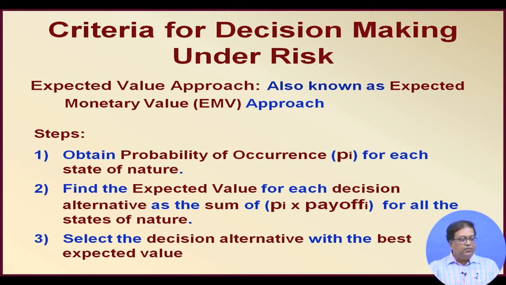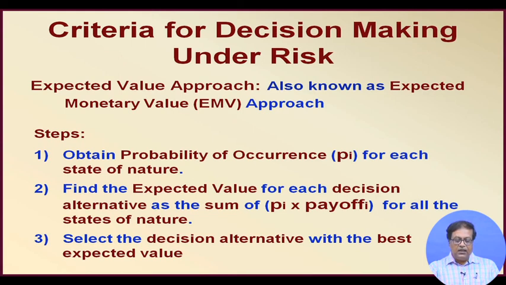Under all of these situations, there would be a probability of occurrence for each state of nature, and we find the expected value for each decision alternative as the sum of p_i into P_i for all the states of nature, and select the decision alternative with the best expected value.